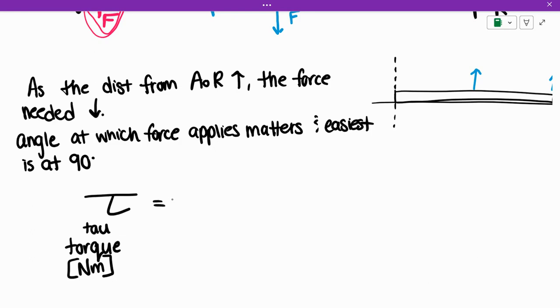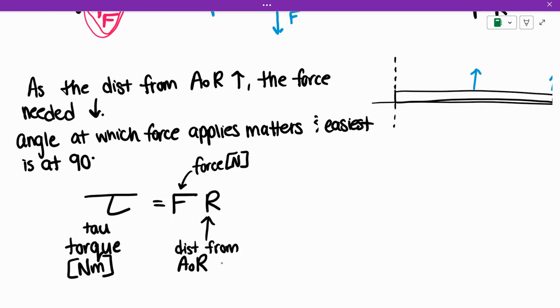So we calculate a torque by doing a force, which is measured in newtons, times an R, which represents the distance from the axis of rotation, right, which is in meters.